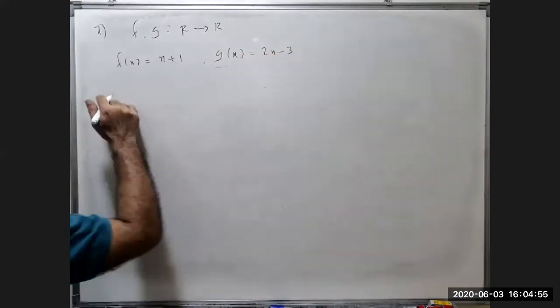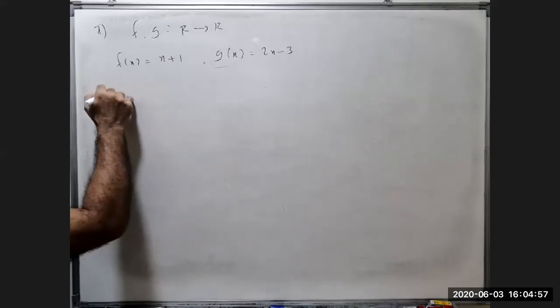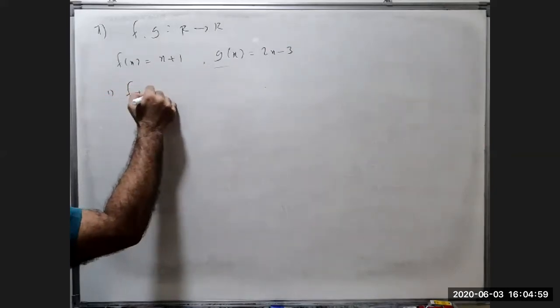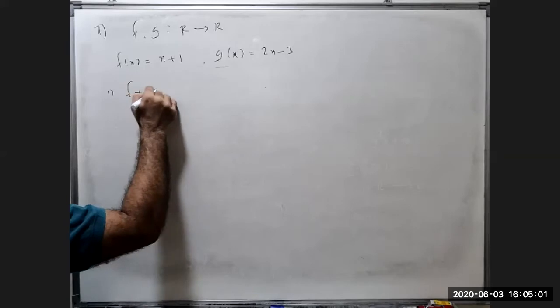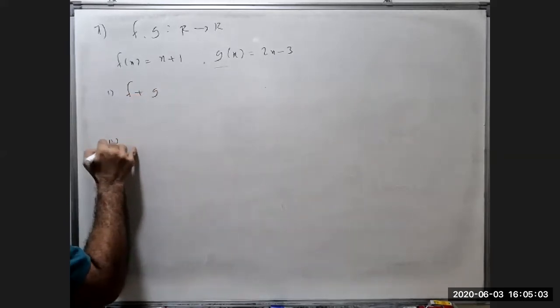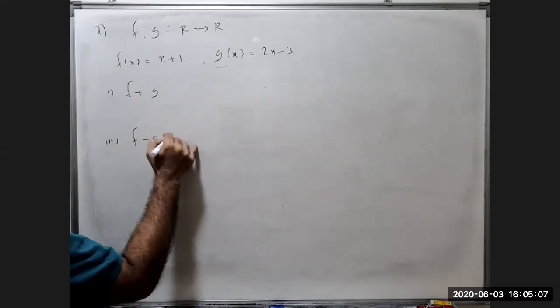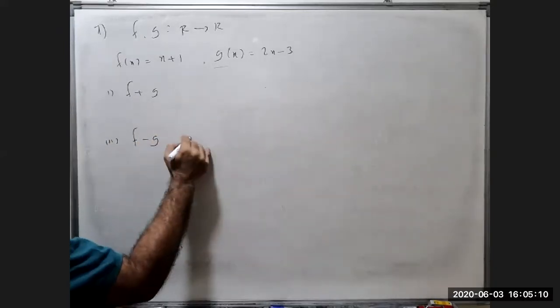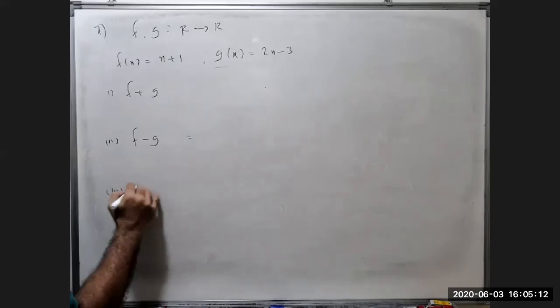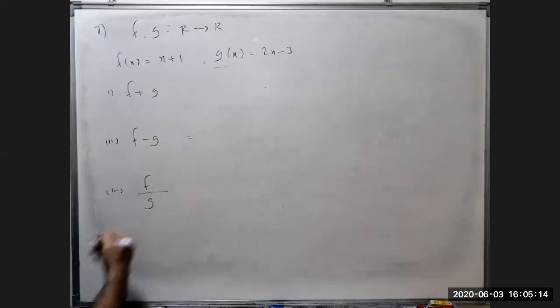This is to find, first bit f plus g, second bit f minus g, third bit f by g.